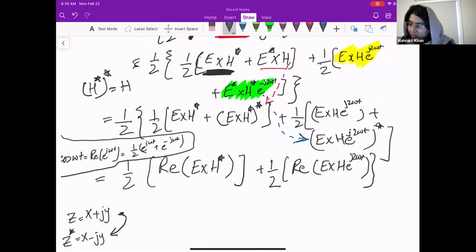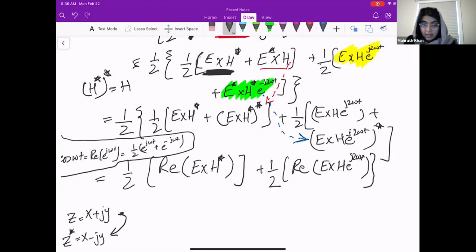Okay, so what I'm trying to say is that this part is actually one quantity being the conjugate of the other. That's why we can write it as the real part of E cross H conjugate and the real part of E cross H e to the j2 omega t. If it is not clear, you can ask a question.